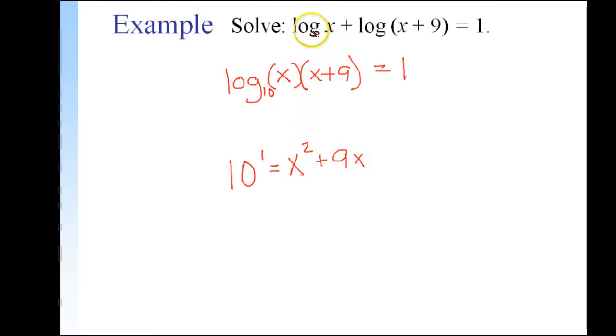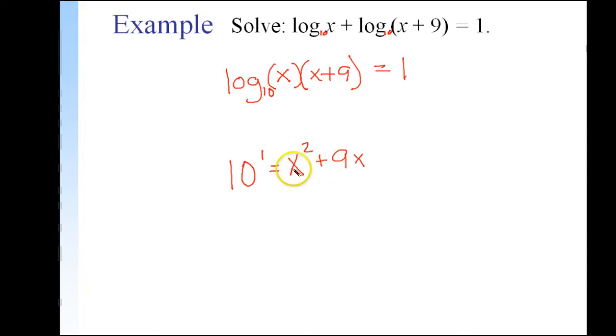So what I'm doing is converting this through a step of what we had earlier, keeping in mind this is base 10 here, common log, and then that is our base, this is our exponent, and this is our answer.